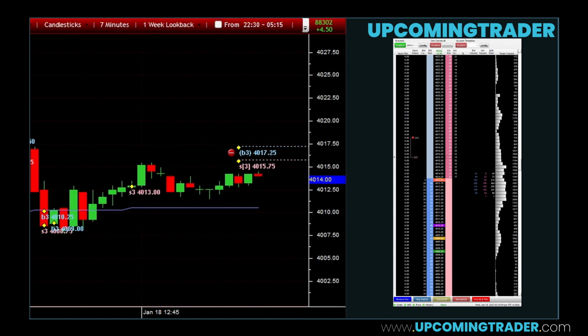Understanding these specific patterns and their implications helps you make more precise decisions, especially when volume supports the movement indicated by the pattern. Now let us take a look at the fixed range volume profile.